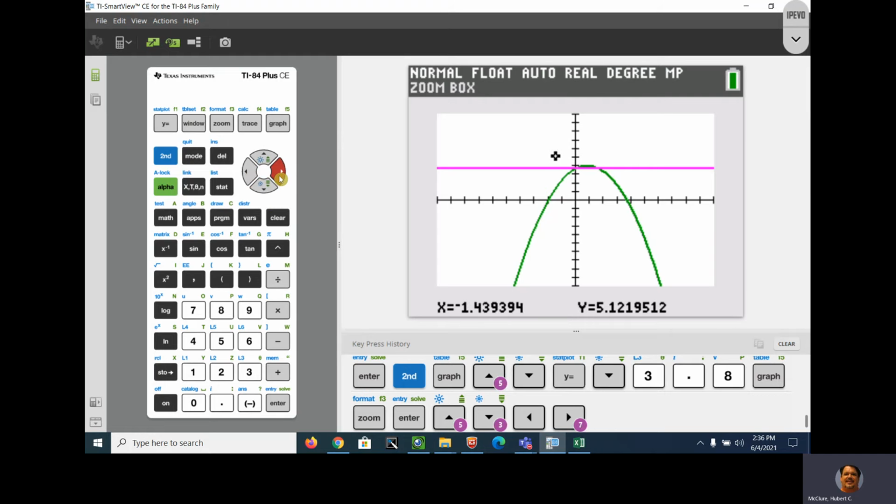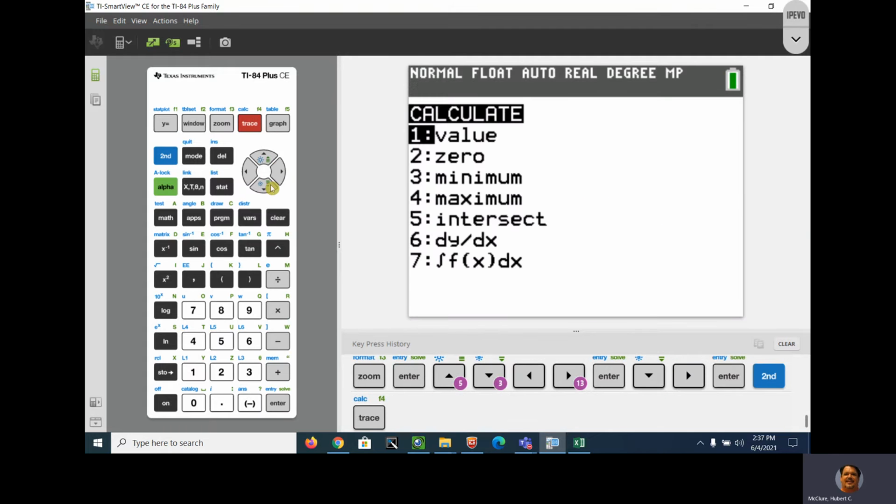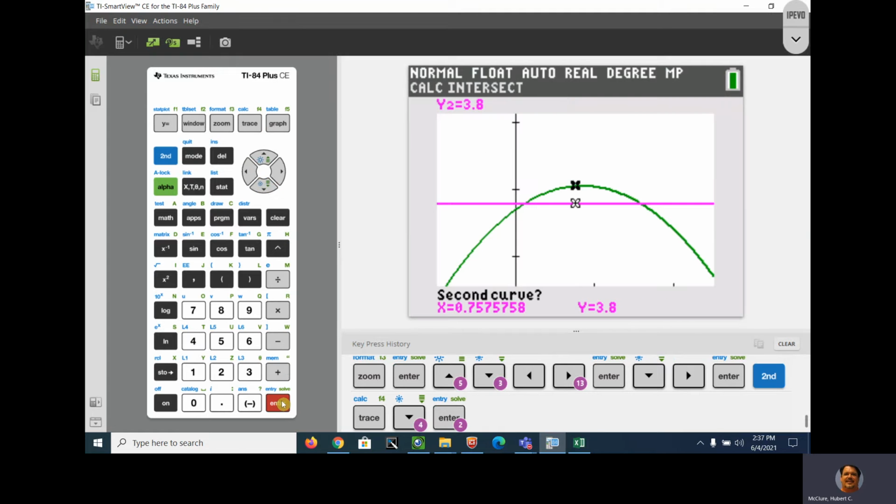Don't hold down the buttons. And graph. And I'm going to do a second trace, and I want to do the intersection. And I'm going to give it a guess of right there. Enter.